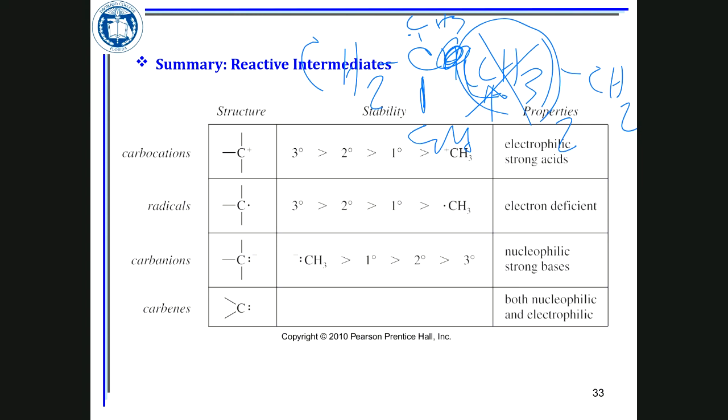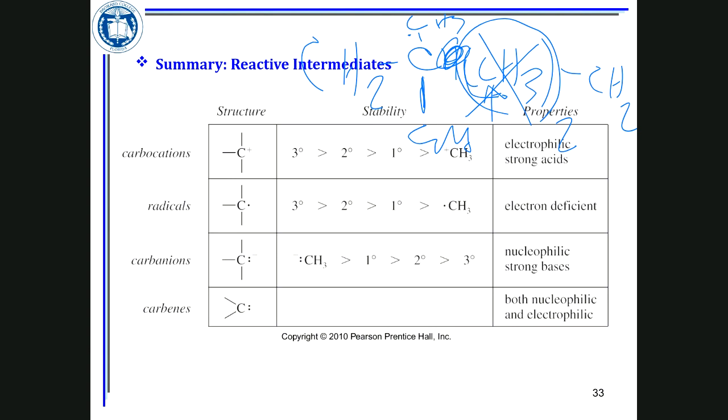Sec-butyl. What is sec-butyl? Let me see if we have a sec-butyl attached here. We don't have any sec-butyl in the examples 8, 9, and 10, but we do have T-butyl. So I'm going to show you what sec-butyl looks like.